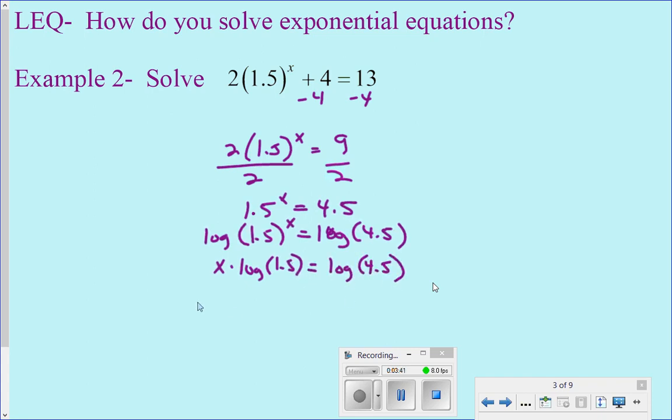And then I can divide both sides by the log of 1.5. And I'm getting x is equal to, there's my exact answer, the log of 4.5 divided by the log of 1.5.